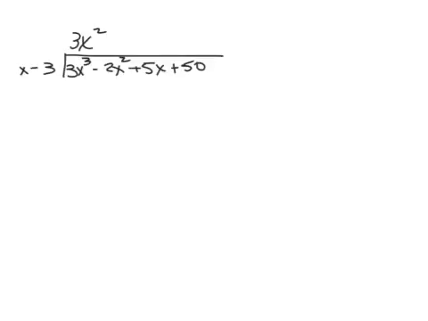Next step, we take this and multiply it by the x, and this and multiply it by the negative 3. So 3x times x, and you will always get your original number back, right there. Then I take this times the negative 3 and get negative 9x squared.